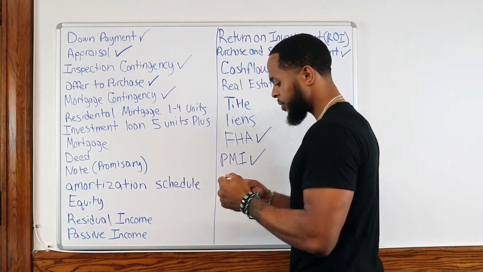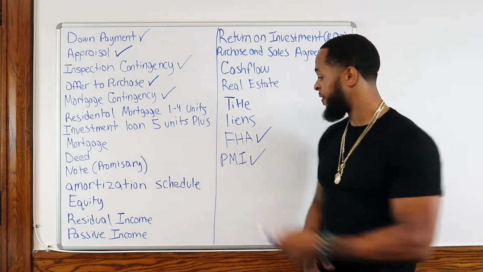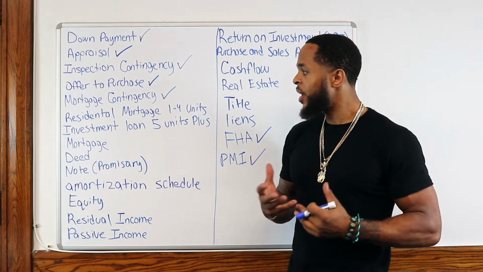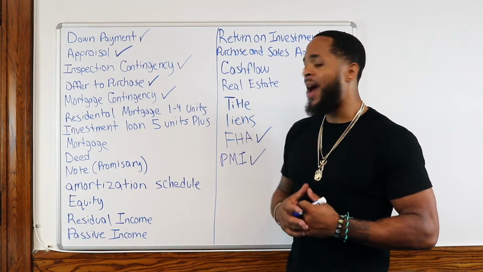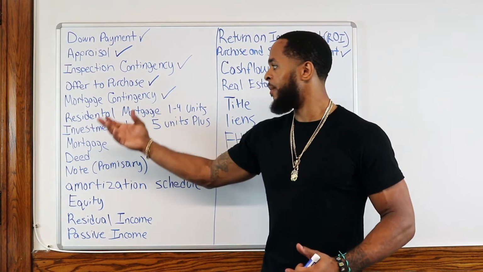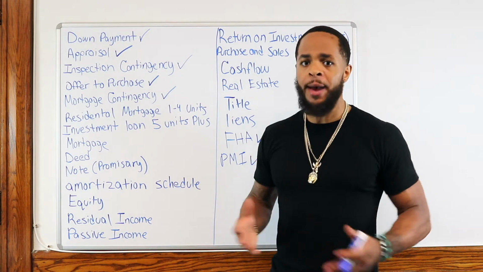All right. Now, going back to FHA, which again is the Federal Housing Administration, those type of loans usually only allow you to have a residential mortgage. And what a residential mortgage means, it's a mortgage that you're taking from the bank stating that you will live in that property.